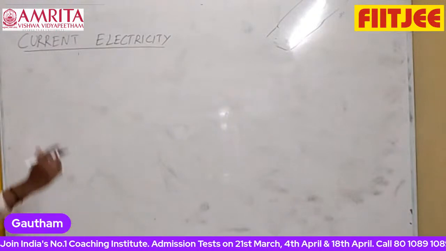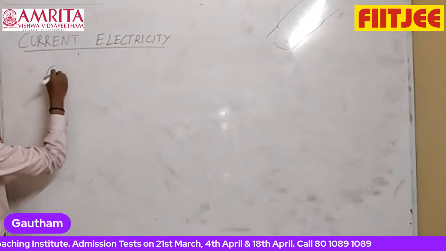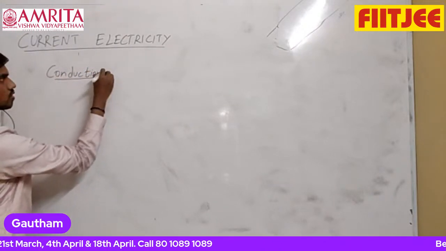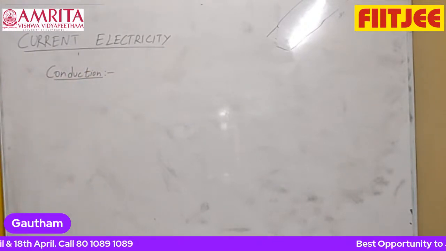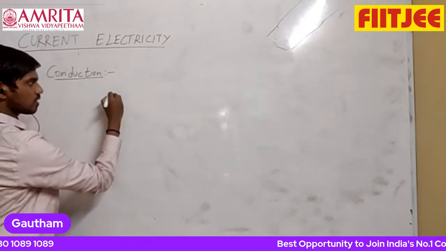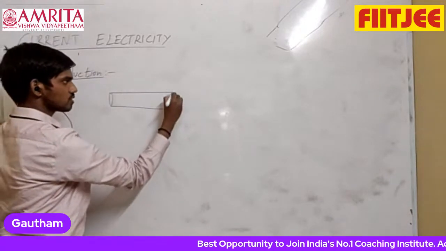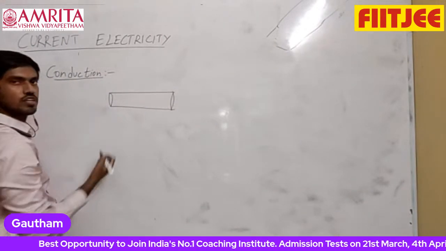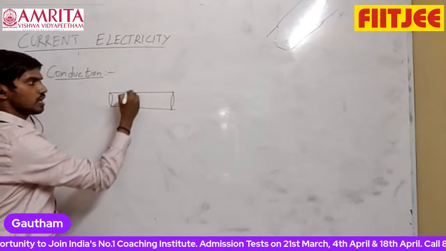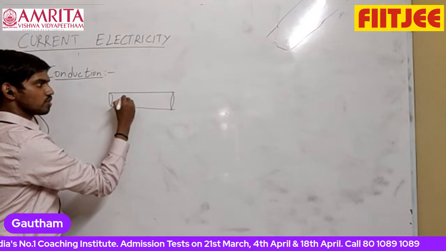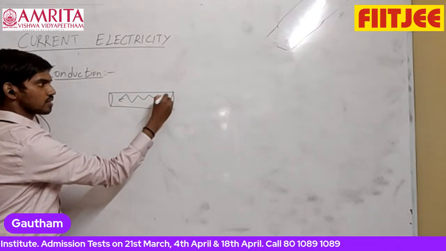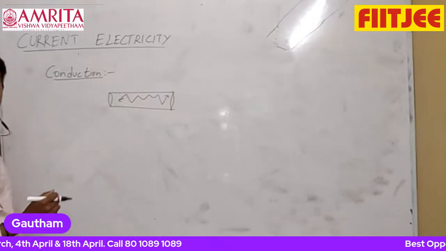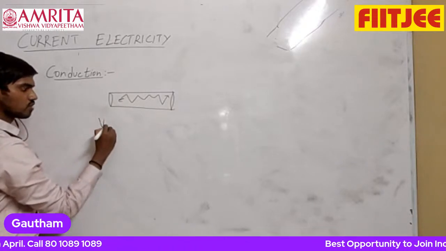So first, when we talk about conduction, if you take any conductor and apply an electric field, or a potential difference, across the ends of the conductor, then electrons, we know, will be going in a random path after successive collisions. So the average velocity of all the electrons is called drift velocity.